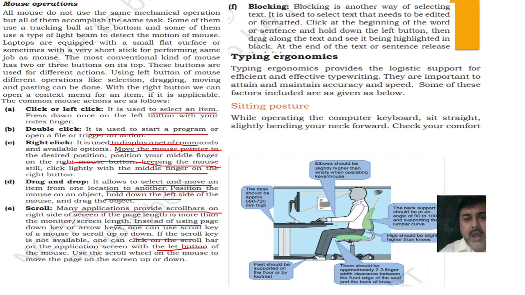It should be a little bit higher. Next, the desk should be approximately 680 to 720 millimeter height. That means this should be the general height of the desk where you are keeping it. Your feet should be supported on the floor, by your footrest. See, this is the footrest, it is supporting to the floor. There should be approximately two to three fingers width clearance between the floor and the edge, and sit back with the knee.